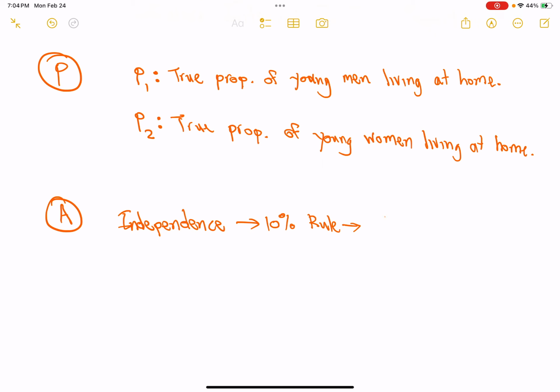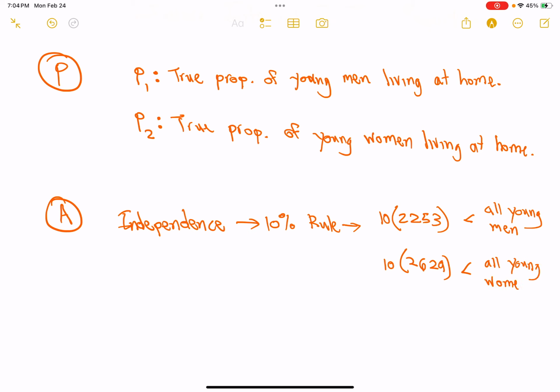We need to say that 10 times 2253, which is the total number of men, is less than all young men. And we need to say that 10 times 2629 is less than all young women. And we can make those assumptions. So we're done. We've checked independence off the list.